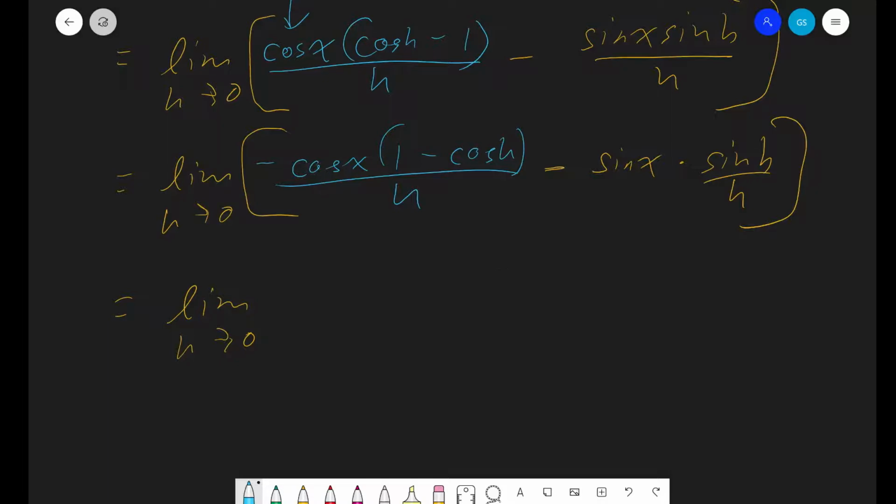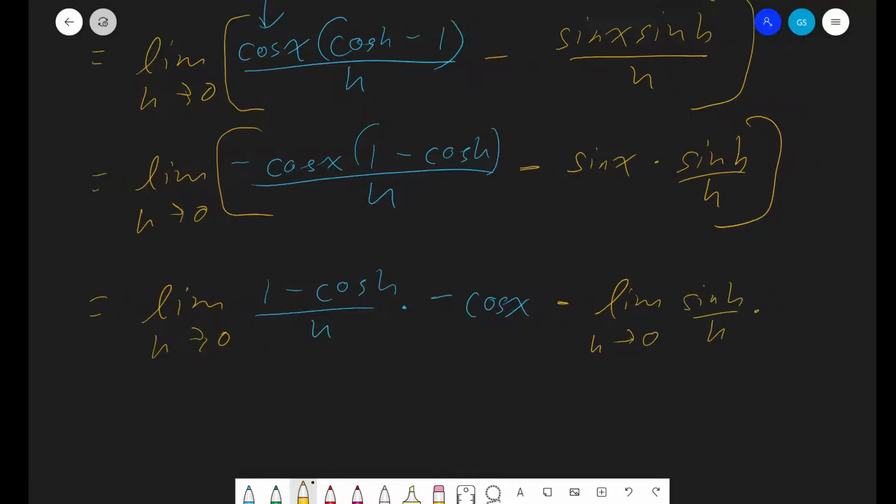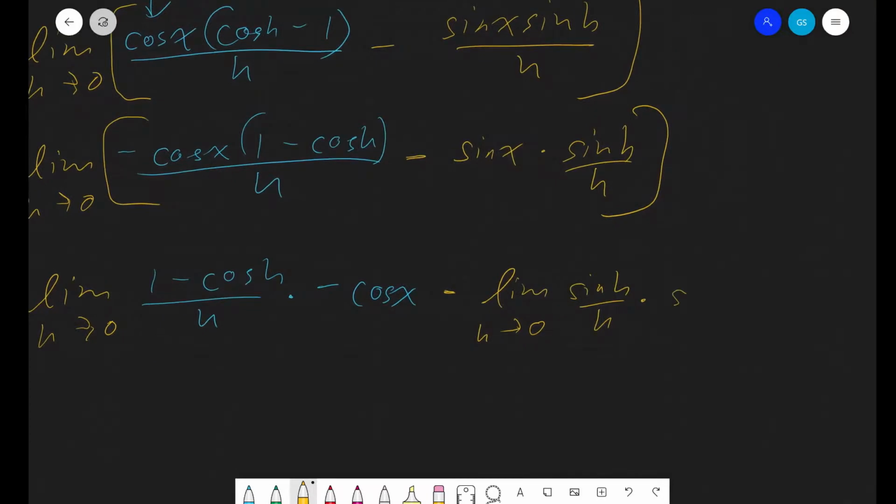There we go. 1 minus cos h over h, multiplying by the negative cos x, subtracting the sine x, or I should write the limit as h approaches 0 of sine h over h, multiplying by the sine x. I just took the negative from the sine x and placed it here.